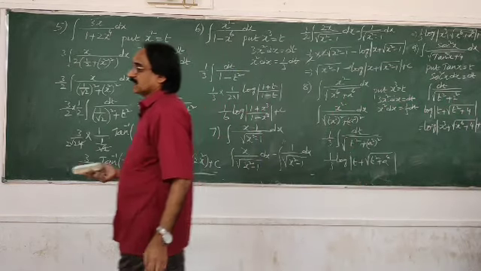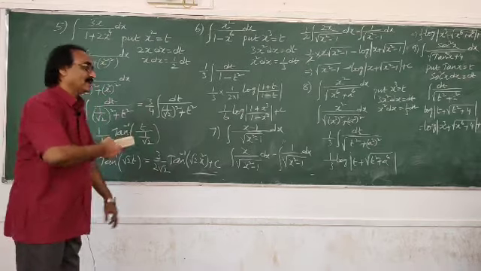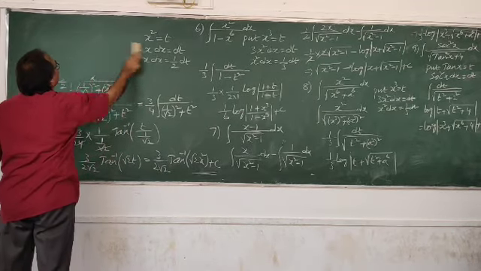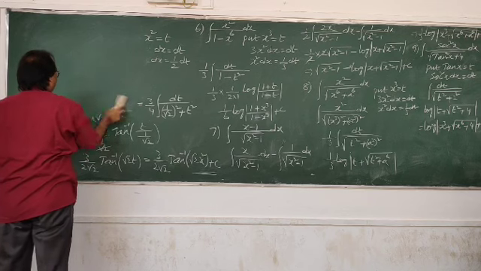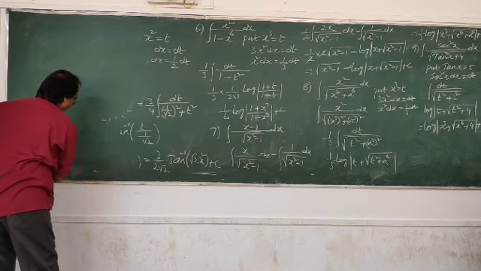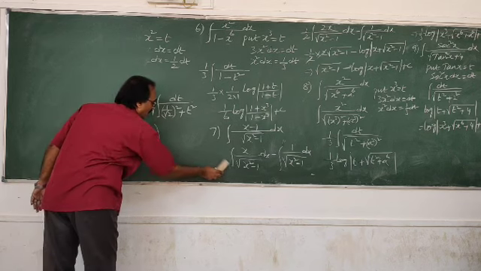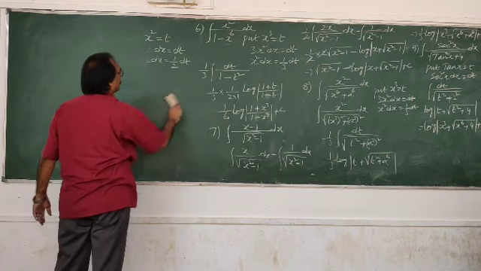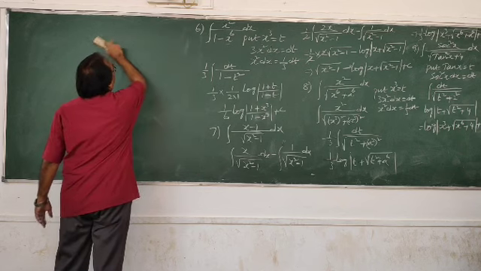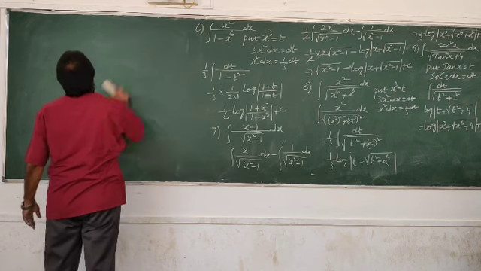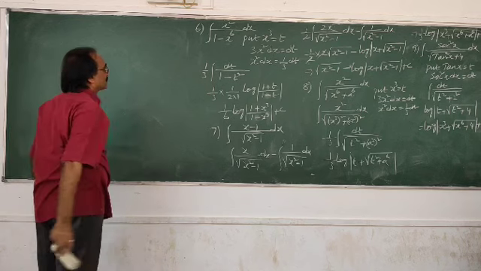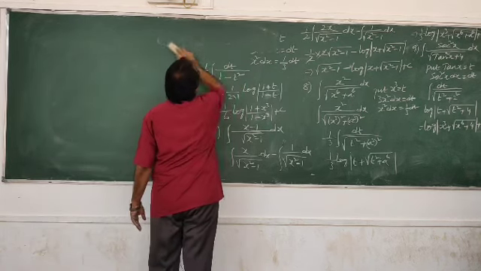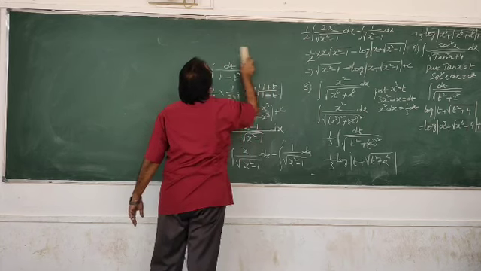Now the next type is there. What is the next type? We will see now. Okay. What is the next step? I told you that day. First let us finish this type, then we'll go to the next step. So we have derived 6 formulas: integral 1 by x square plus a square, integral 1 by a square minus x square, integral root of a square minus x square, integral root of x square plus a square, like that.